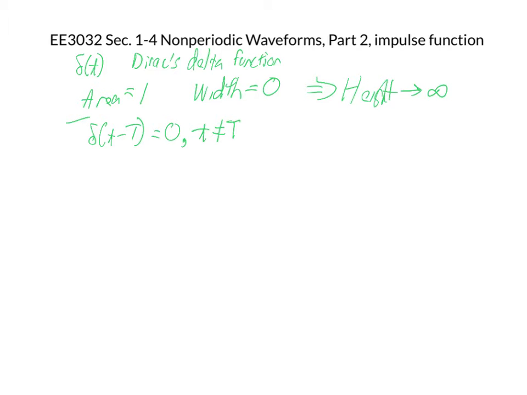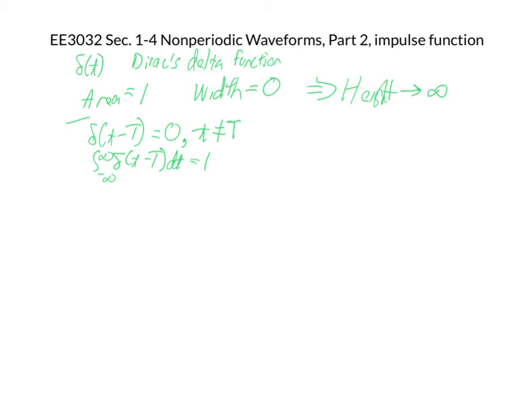The other property it has is if I take the integral of the delta function, and I'm going to stick with the time-shifted version occurring at capital T here, and I integrate it over the entire time axis, negative infinity to infinity, then the area under it is going to be 1.